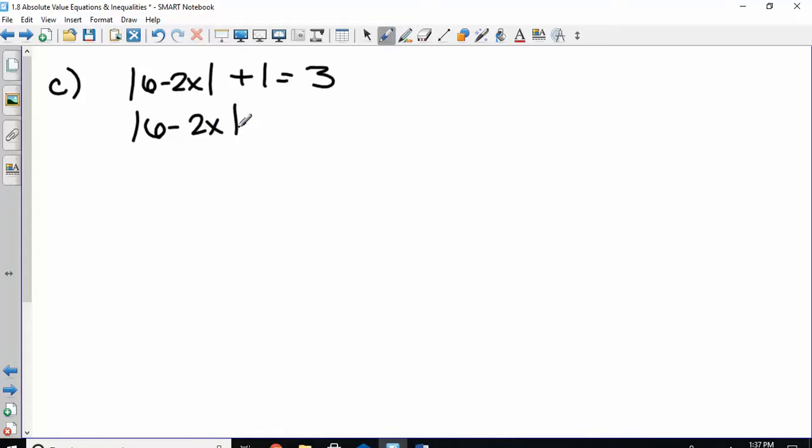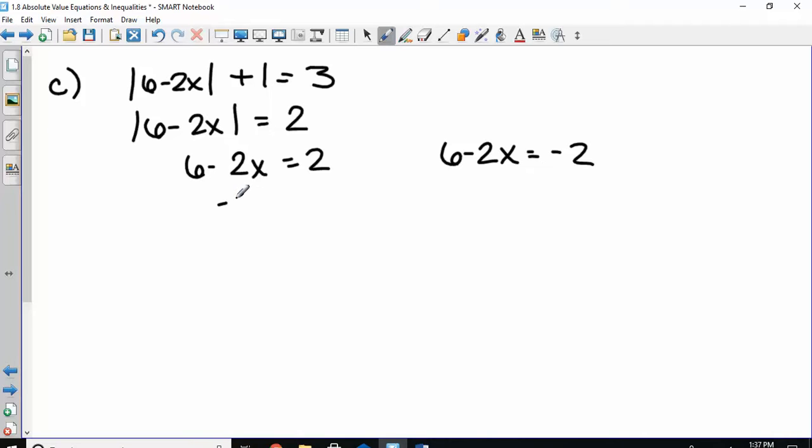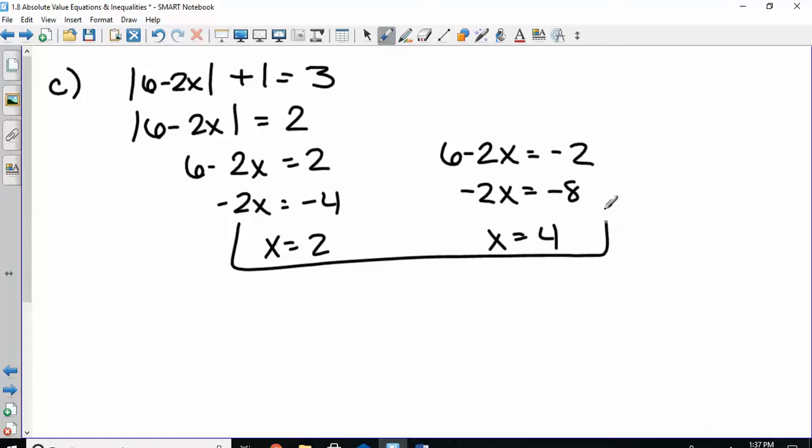Otherwise, your answers will be off. So then you do your two equations. Subtract your 6. We get x to be 2. And positive 4. If you didn't subtract first, you would have gotten one of the answers, but not the other one. Okay, let's do some inequalities.